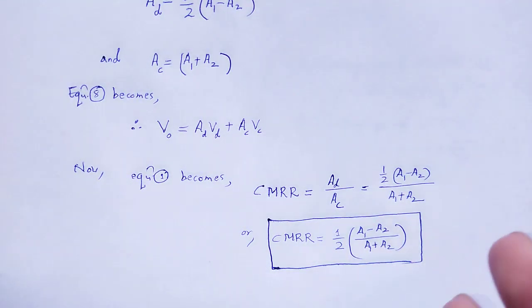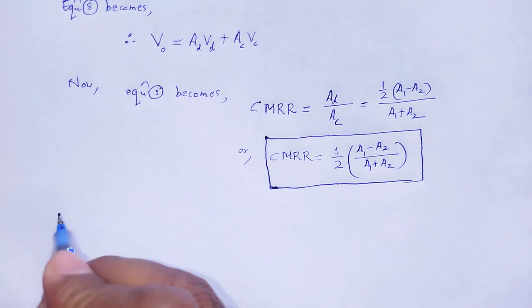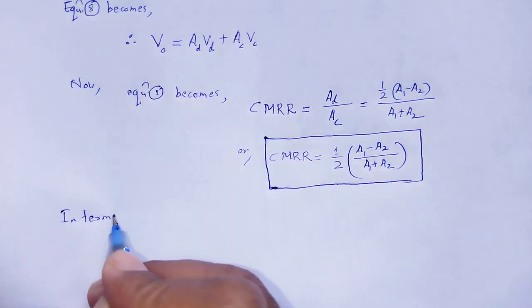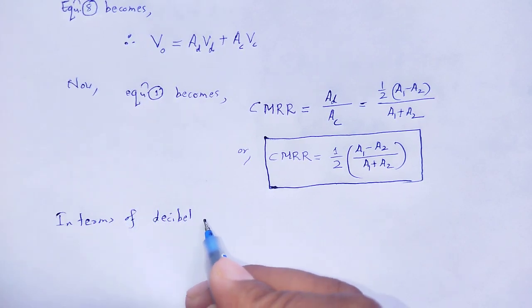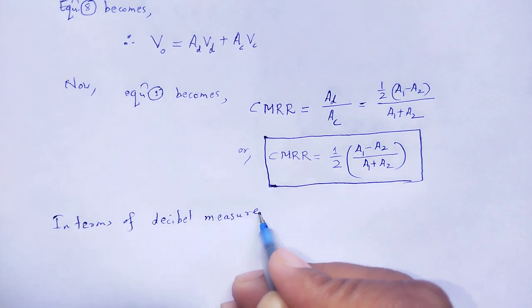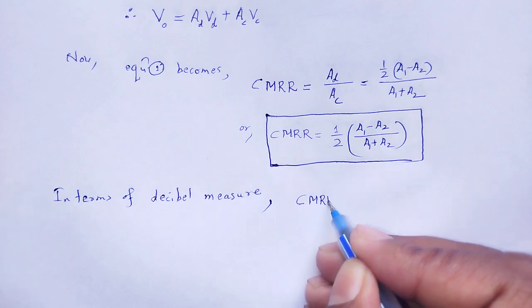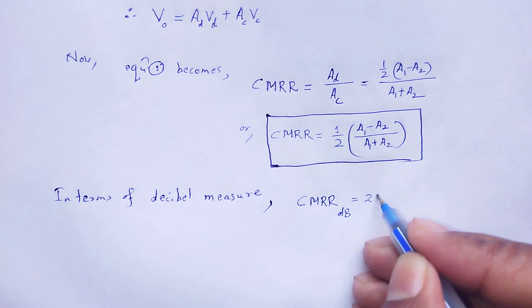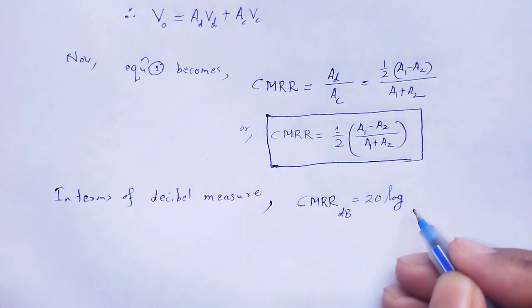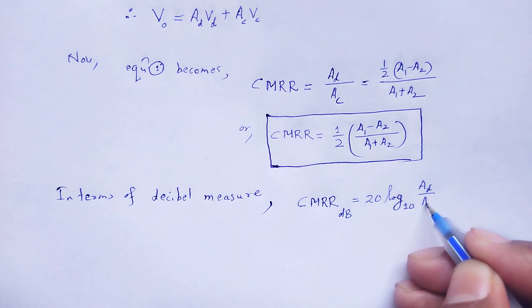Again, another expression for CMRR can be calculated in terms of decibel measure. CMRR in decibel, that is 20 log base 10 of AD divided by AC.